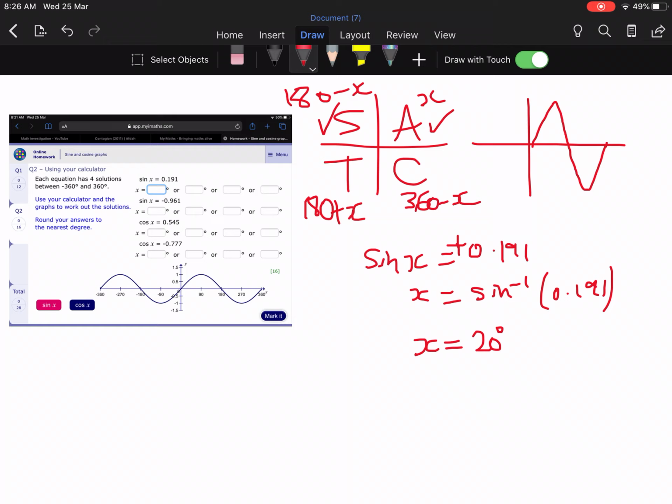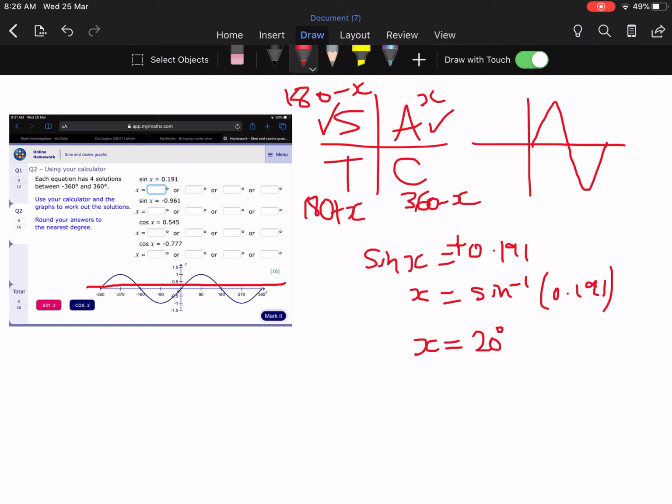Hopefully I'm close. So to get all 4 angles, this is actually just like 13c. I look across the sine graph, if you look at the Myimaths task there, and I draw a line right across there, you can see approximately it cuts at the 4 points.